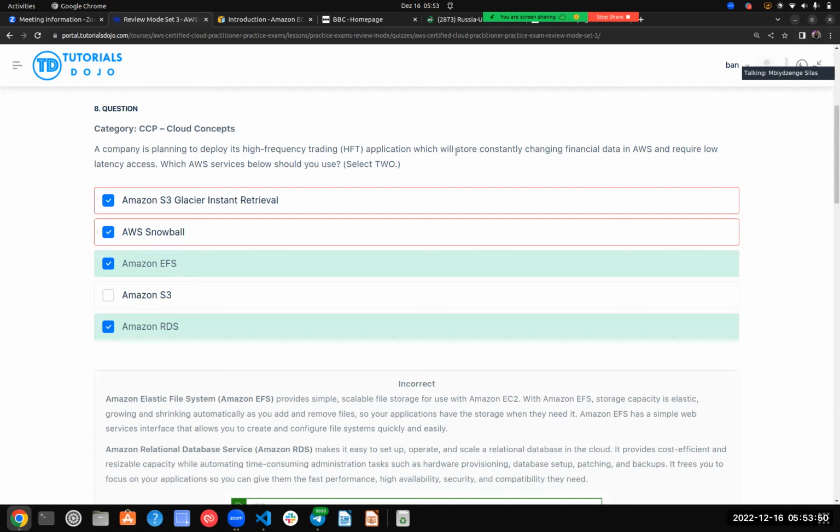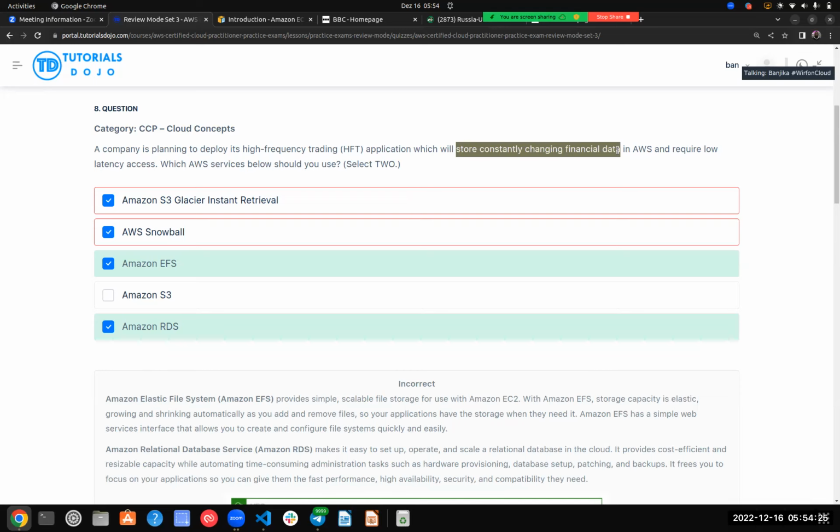It's just an Amazon storage. What kind of storage? An object storage. And object storage is what kind of data? Is it changing data or static data? Static data. So if it's static, then can you store data that is constantly changing on it? Because it's storing constantly changing financial data, right?